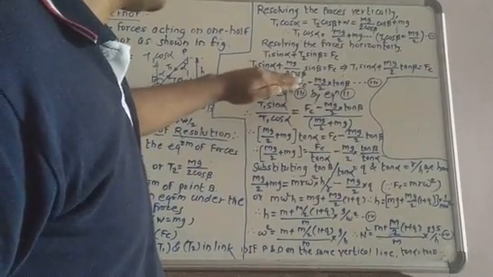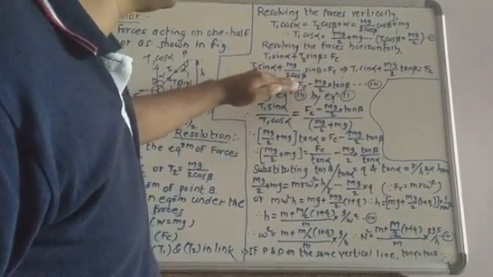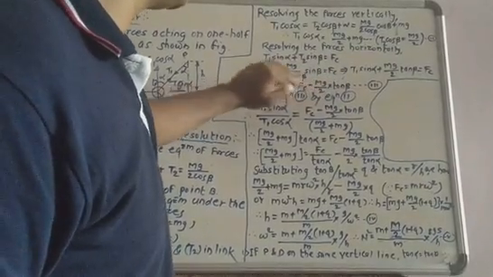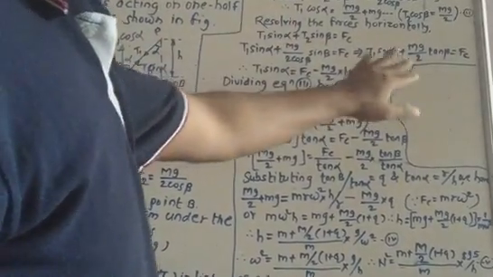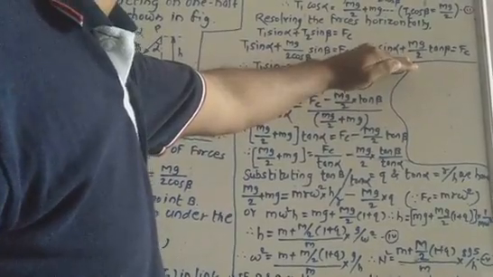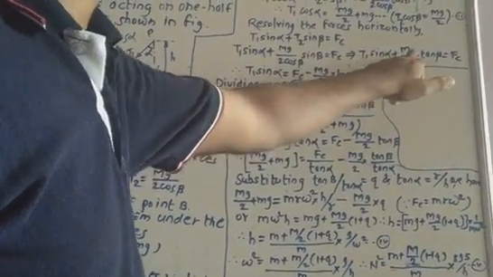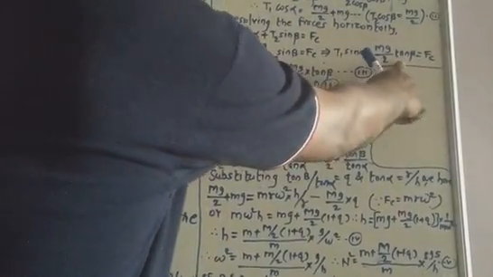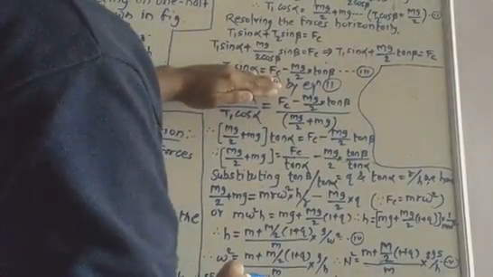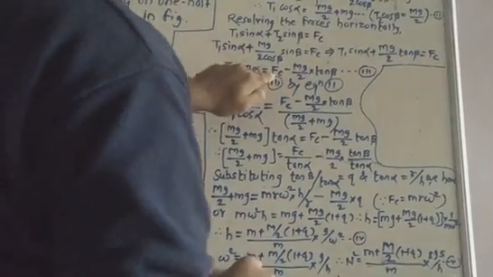Now for further modification, replace T2 by this term, and we get T1 sin alpha plus mg times sin beta divided by cos beta, which is tan beta, equals Fc. Now you can get the next relation, T1 sin alpha equals Fc minus this term, taking it towards the right side. So this is equation number 3.